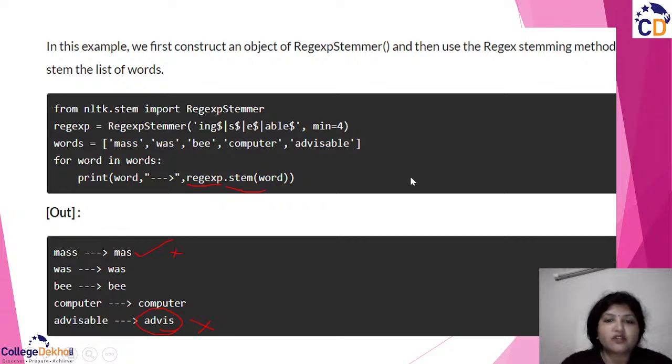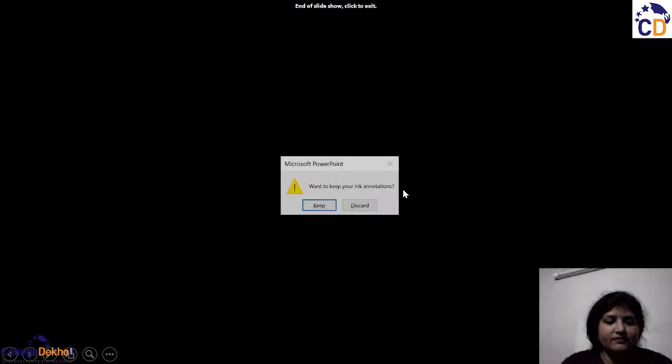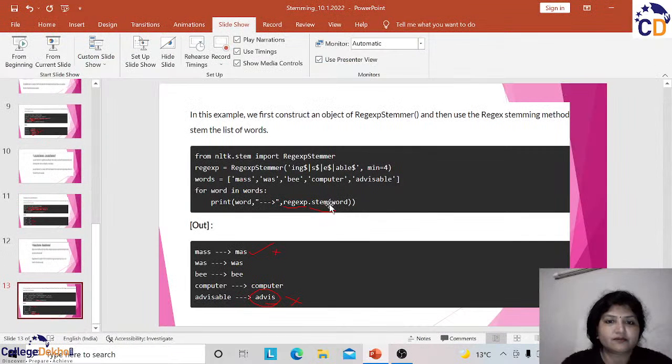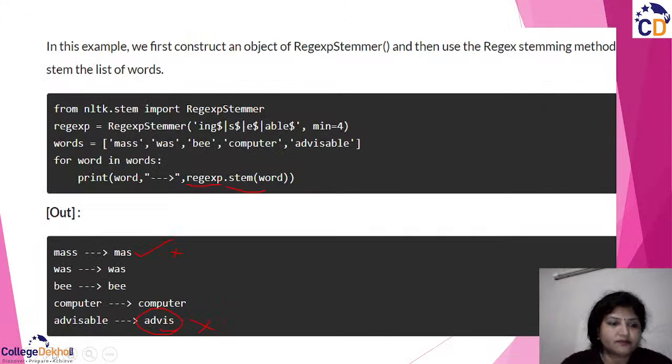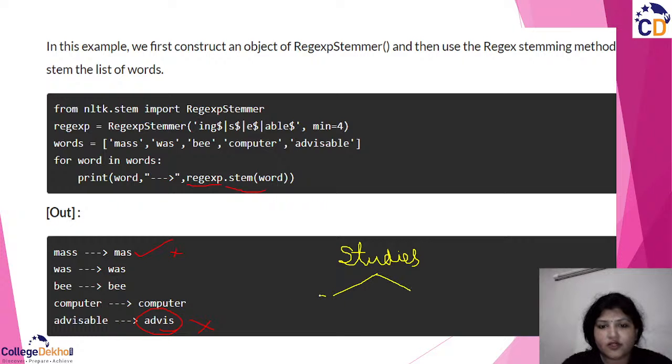If I am talking about this word, I would say studying, or studies. Through the stemming process, it would give you the word only up to this part: I study, up to this part.